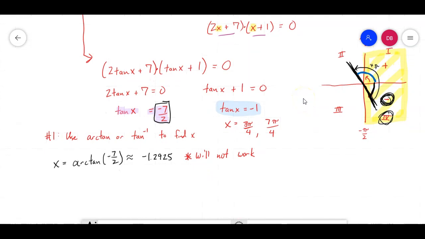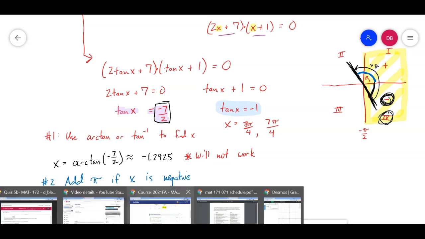So the second thing we need to do is add pi if x is negative. If x is negative, and it was, I add pi to that. So the first solution that we're looking for, I'm going to call it x1, is approximately equal to negative 1.2925 plus pi. All right, back to Desmos.